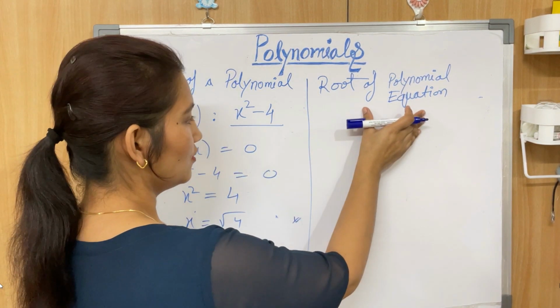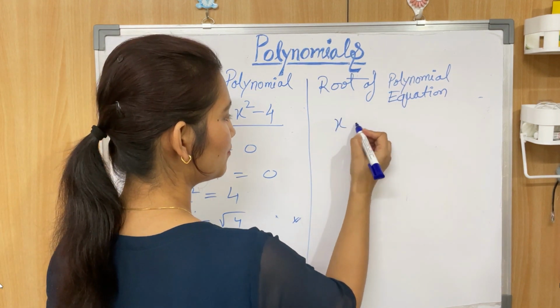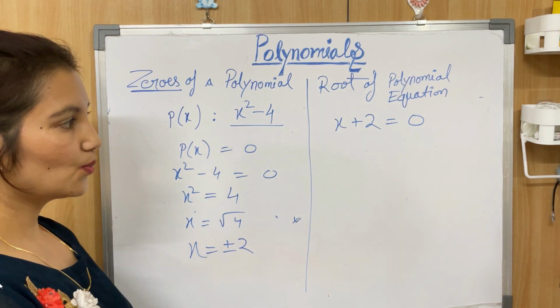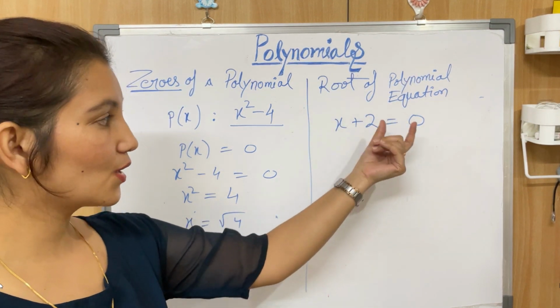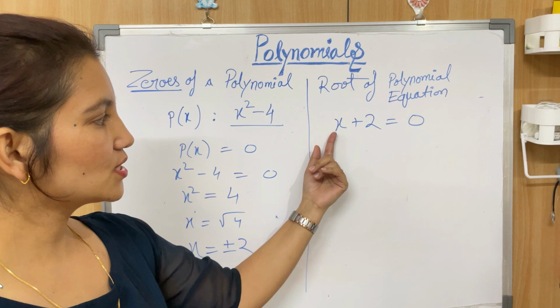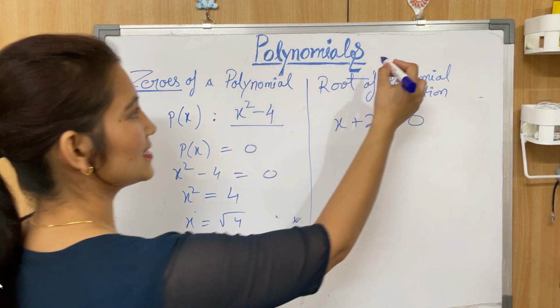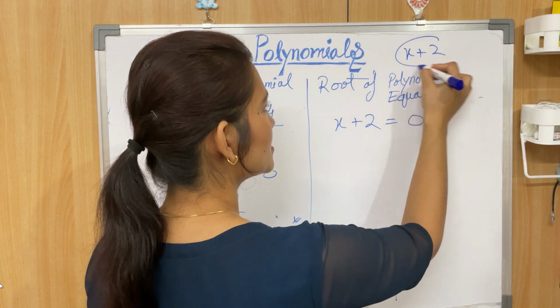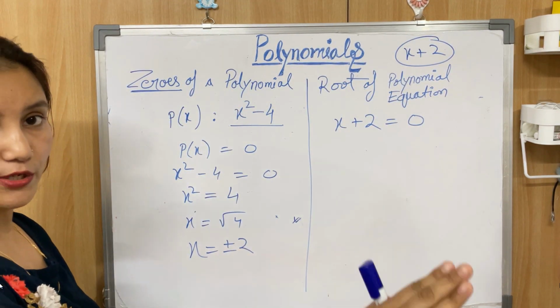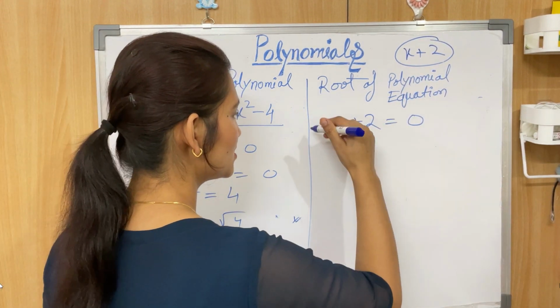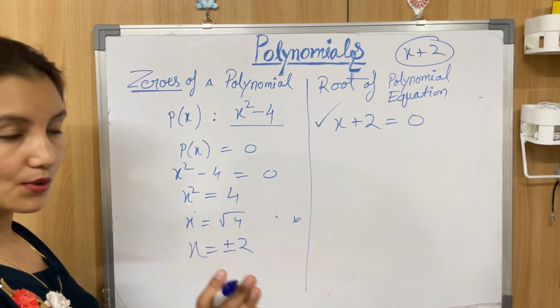For example, if I write this expression with an equal to sign, this is an equation because the equal to sign is coming there. So this is a polynomial equation. And if I just write x plus 2, this is a polynomial, there is no equal to sign. This is just a polynomial. But here we are considering this, so this is a polynomial equation.